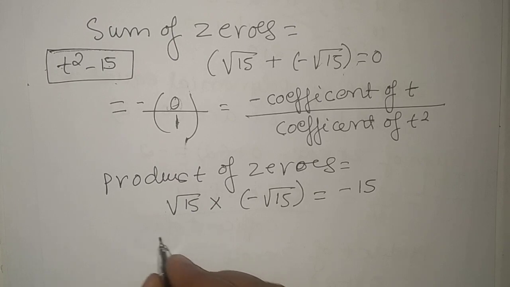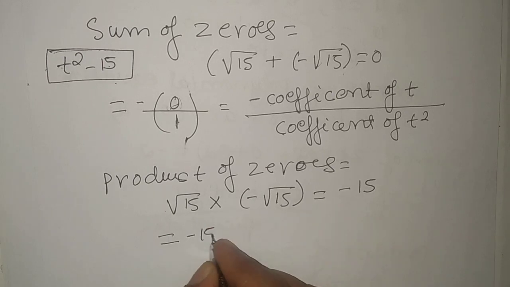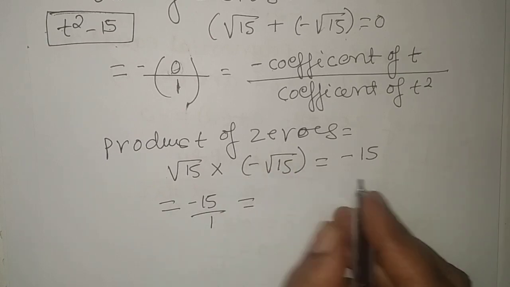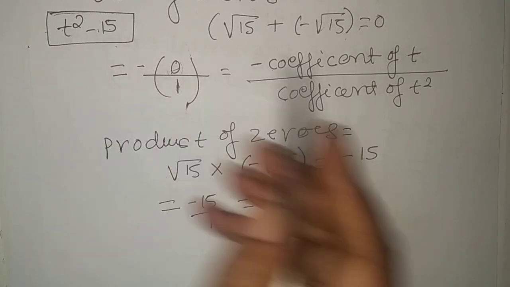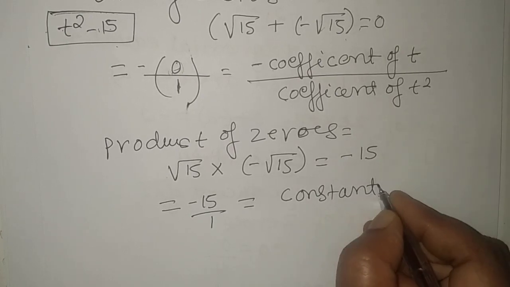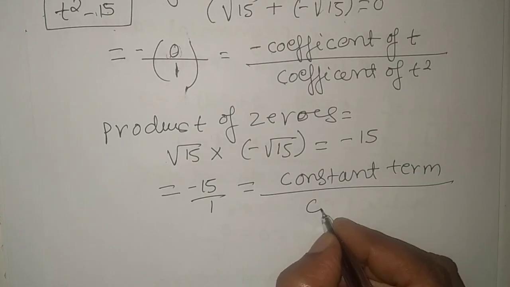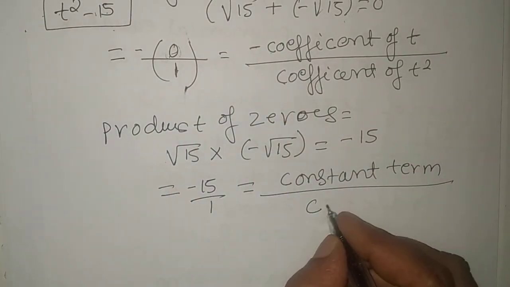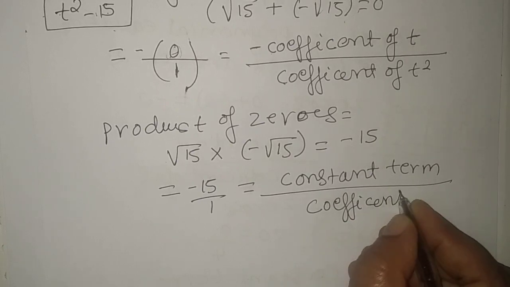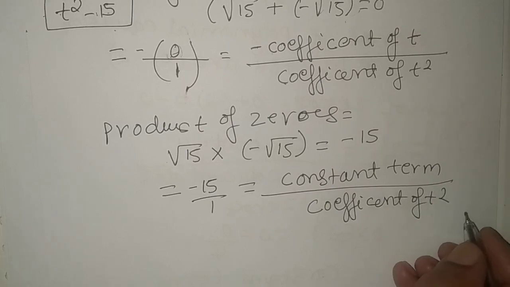So minus 15 can be written as minus 15 by 1. Since minus 15 is the constant term, it is the constant term by coefficient of t square. So this is the solution for the fifth problem.